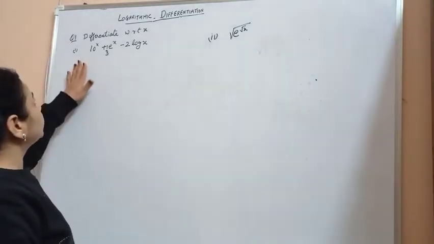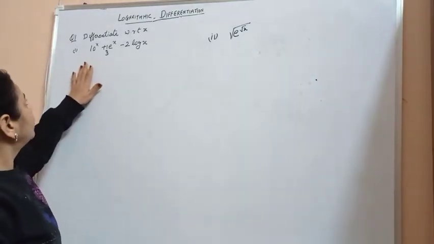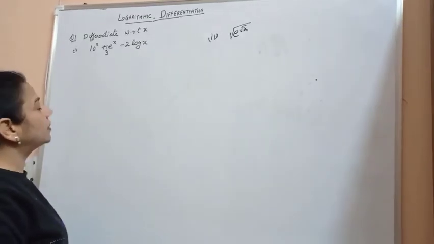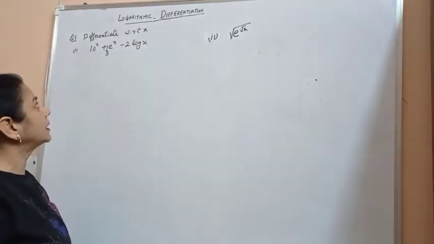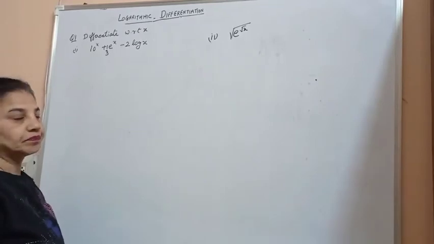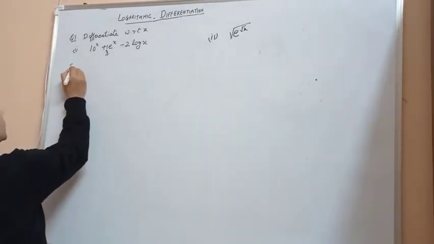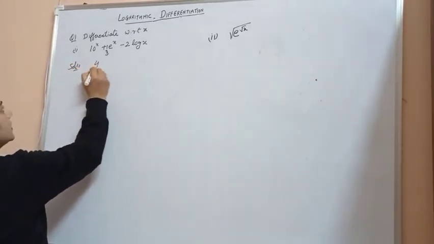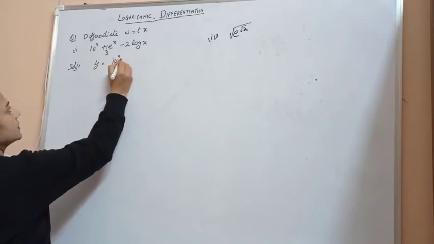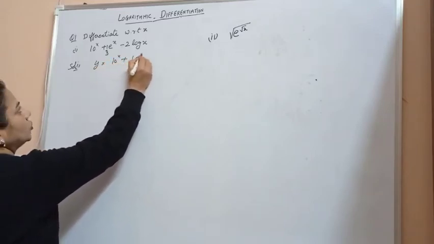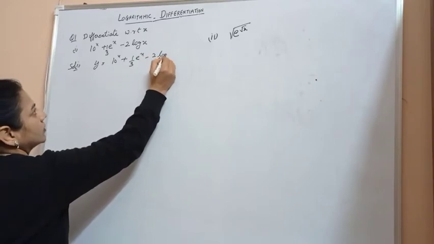Logarithm differentiation, differentiate with respect to x. The first function is given to us as 10 to the power x plus 1 by 3 e to the power x minus 2 log x. First of all, we rewrite this equation as let y is equal to 10 to the power x plus 1 by 3 e to the power x minus 2 log x.